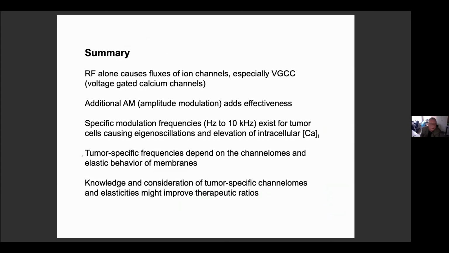And tumor-specific frequencies depend on the channelomes, also from the oncochannels, and elastic behavior of membranes, and knowledge and consideration of tumor-specific channelomes and elasticities might improve therapeutic ratios. Thank you very much for your attention.